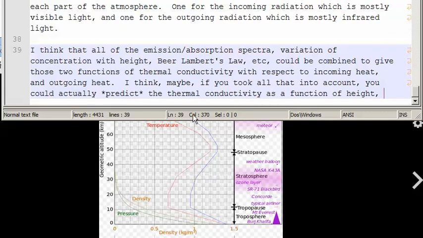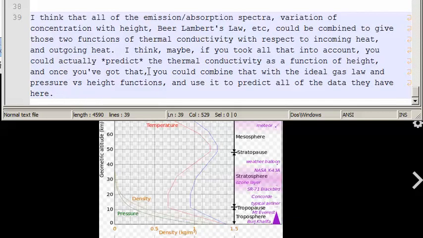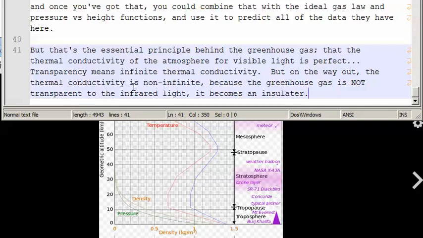I think maybe if you took all that into account, you could actually predict the thermal conductivity as a function of height. And once you've got that, you could combine it with the ideal gas law and pressure versus height functions and use it to predict all the data they have here. But that's the essential principle behind the greenhouse gas, that the thermal conductivity of the atmosphere for visible light is perfect on the way in.